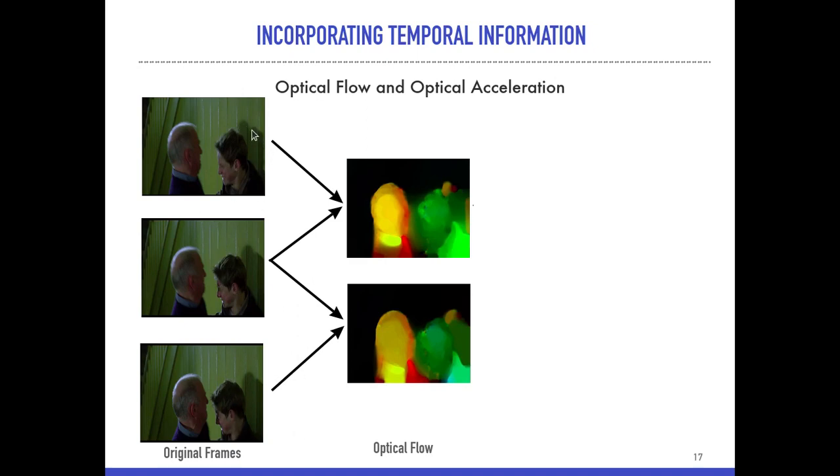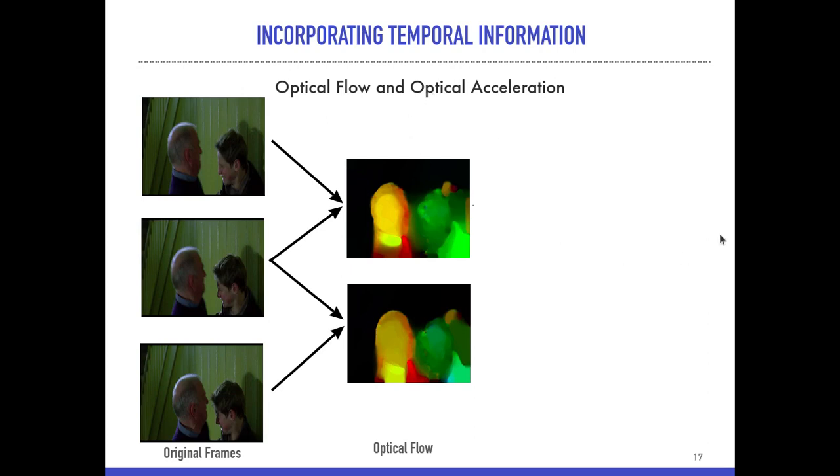We see what the differences are between the first and the second frame, and between the second and the third frame. So it calculates this, and we show it here in color. Sometimes this can be better to detect how movement occurred from one frame to the next.